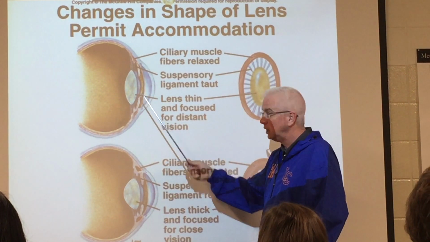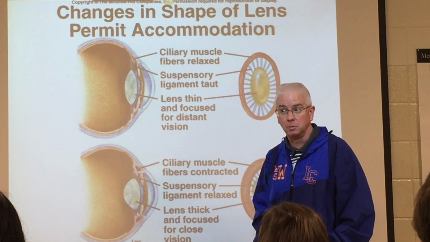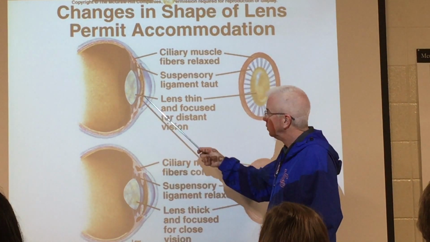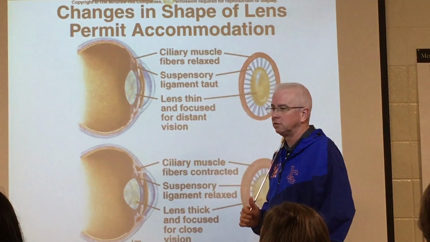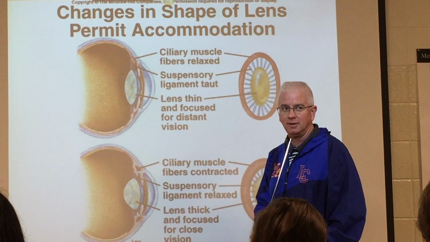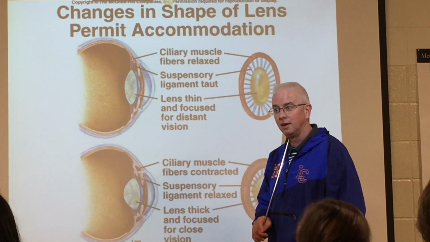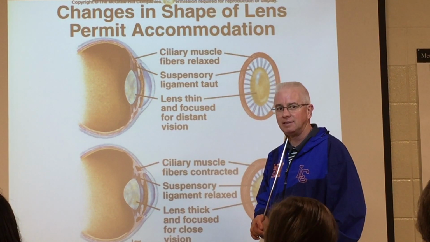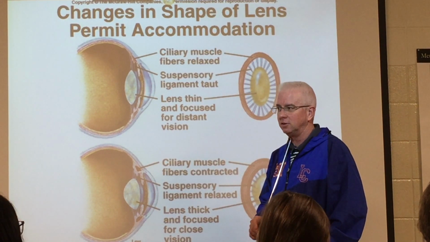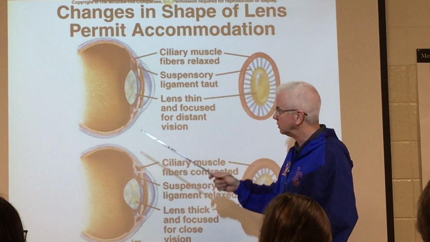And as it does, we lose some of the ability to focus for near and far vision, and we end up with bifocals because of that. And so the loss of elasticity of the lens also results in a clinical condition known as presbyopia. Okay, so we'll do that one again here in just a second.